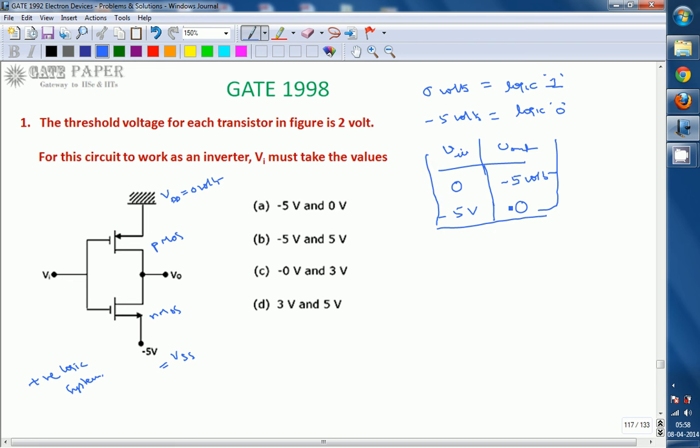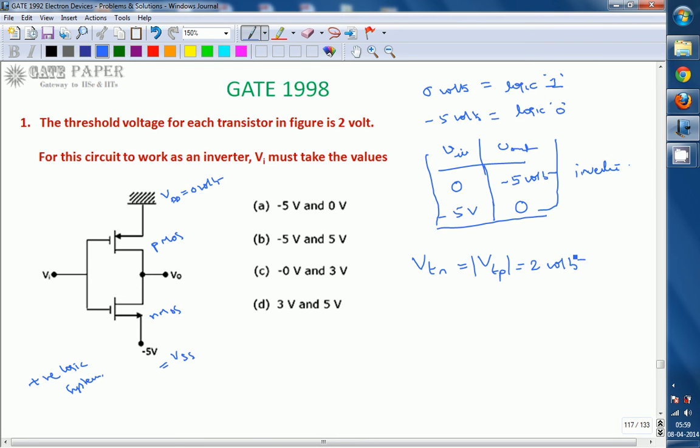So if the circuit satisfies this table, it can act as an inverter. We'll go for the first option, A, minus 5 volts and 0 volts. What was given is VTN equal to VTP equal to 2 volts.